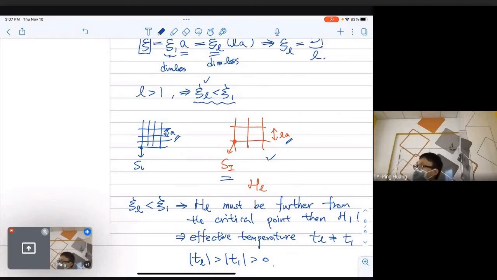That's CL, which is the correlation length measured by the new lattice constant LA, will be smaller than the correlation length measured by A.